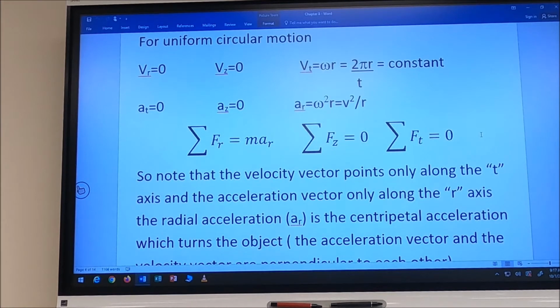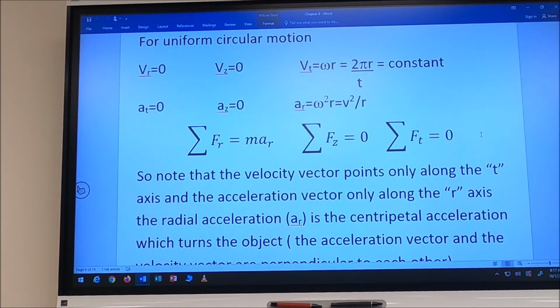So, for uniform circular motion, v sub r equals 0. v sub z equals 0. So there's no velocity in the radial direction, and none in the z direction.